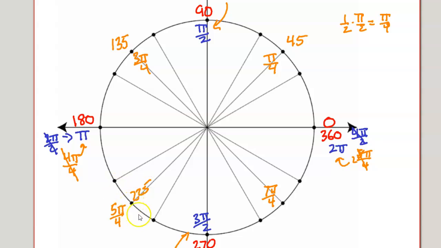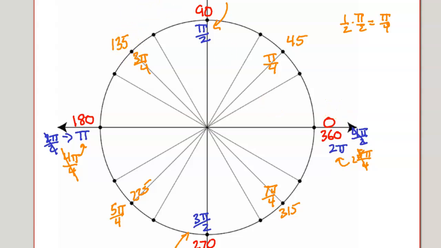And then 225 plus 45 is 270. 270 plus 45, and we end up with 315. Okay, 315 plus 45 gives us the 360. So the way we count in 45s, we can count with the radians as well.